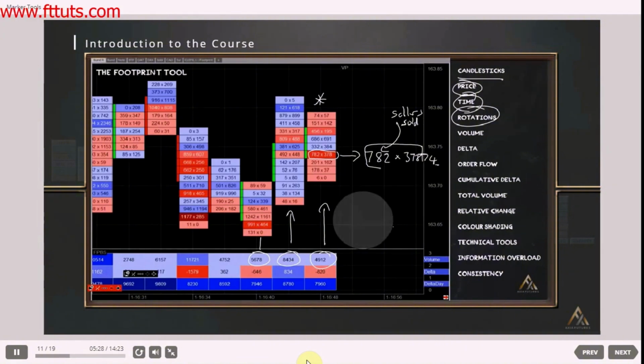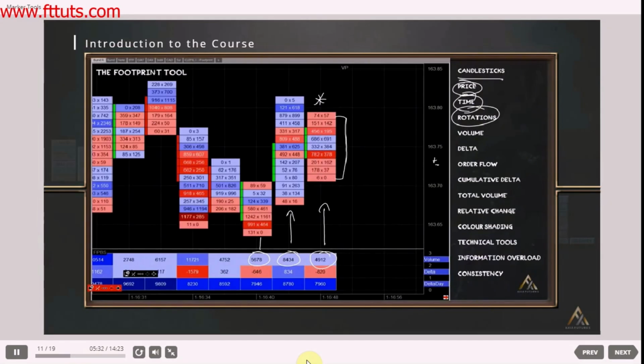Okay, now what you'll see is that over the course of a rotation we get a cumulative delta, and that cumulative delta is shown to us in the second box of the summary statistics. And we can see that the net cumulative delta within all these price points equates to minus 820.